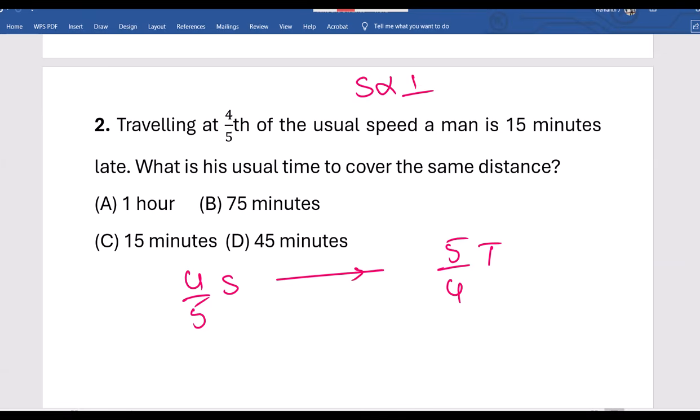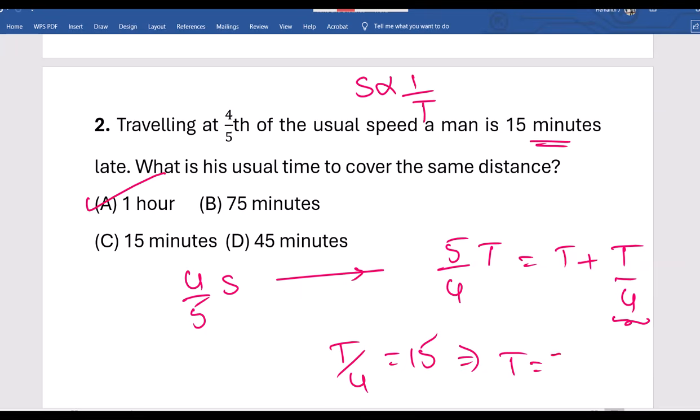Inverse relationship. So 5 by 4 can be written as t plus t by 4. T is the normal time taken, but here you take an extra time. Plus means late. How much late? So t by 4 equals 15. So t is 60 minutes, 1 hour is the answer.